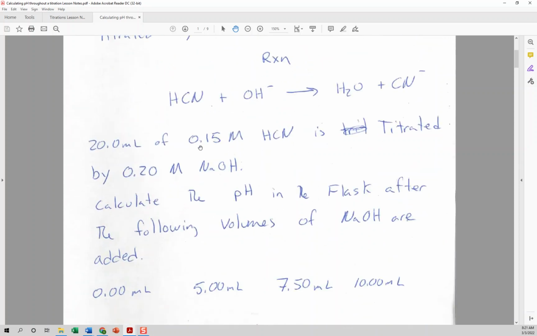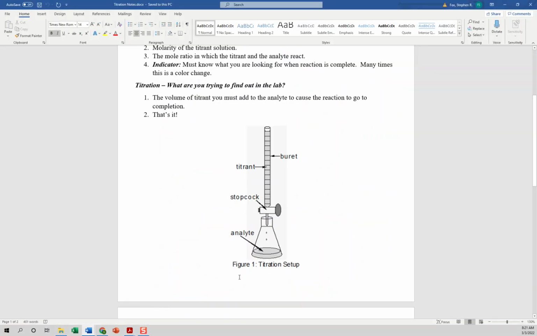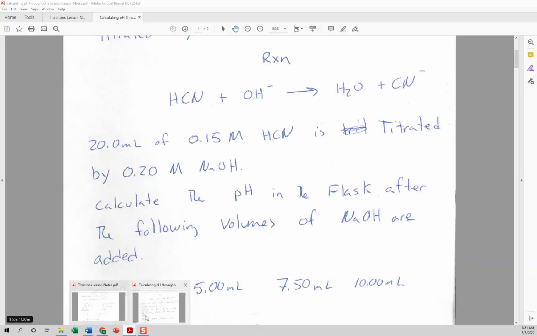20 milliliters of the 0.15 molar HCN. So again, if we go back to the setup, we have HCN in the flask, the molarity is 0.15 moles per liter, and we're starting out with 20 milliliters in there. And we're slowly adding 0.20 moles per liter of sodium hydroxide.